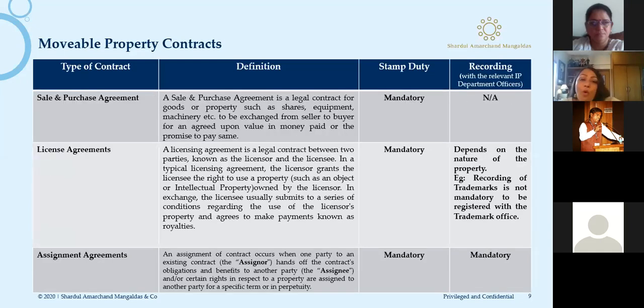Now, in all contracts, stamp duty payment is essential, and stamp duty is governed by the Stamp Duty Act. This is a state subject, and there are stamp duty implications in respect of each state. In Mumbai, we have the Bombay Stamp Act, and we need to look under the Bombay Stamp Act at what kind of stamp duty implications there are under various things.